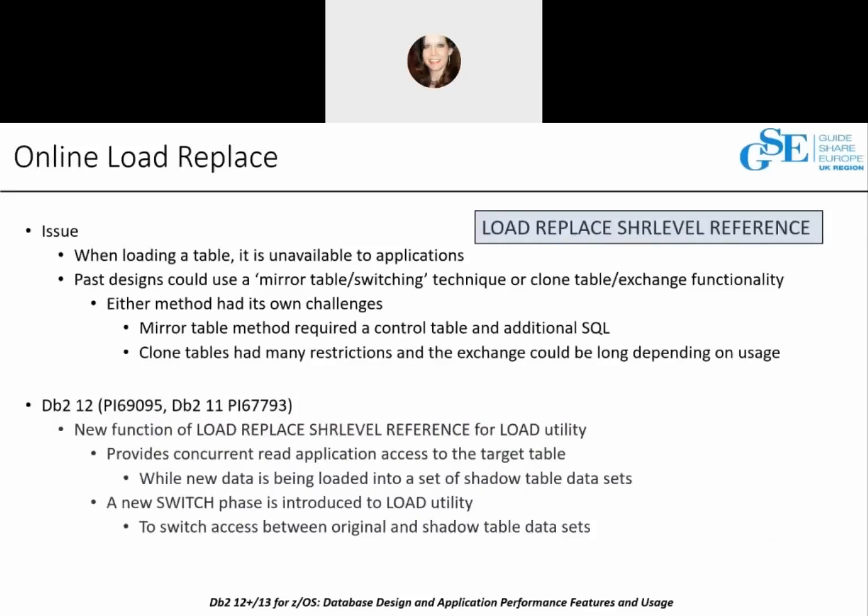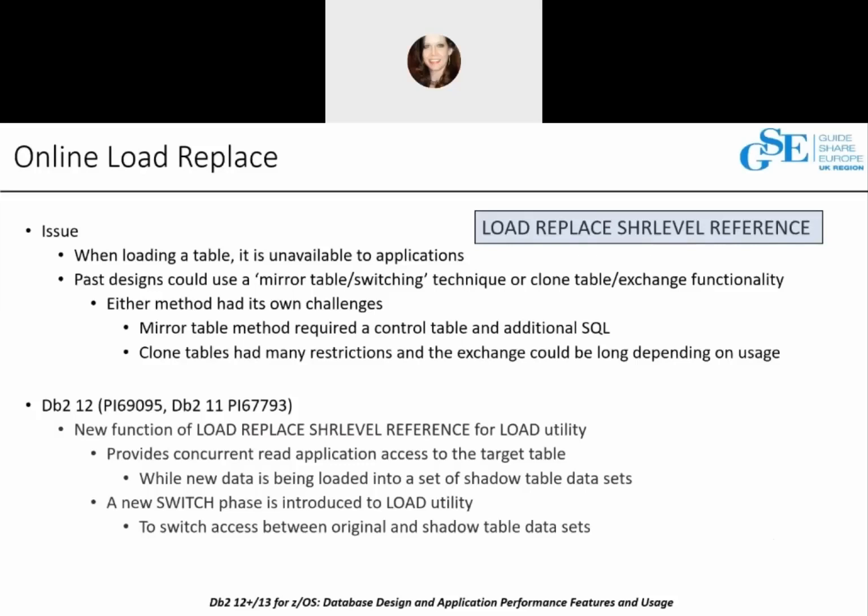Online load replace. This is kind of a utility enhancement. It's one of the IBM utilities, but it's an enhancement that we can utilize versus some of the other table designs we've been utilizing over the years. When we're wanting to load a table while having the table available, we sometimes mirror these tables and do some application switching mechanisms while we're loading one table and reading the older one at the same time.